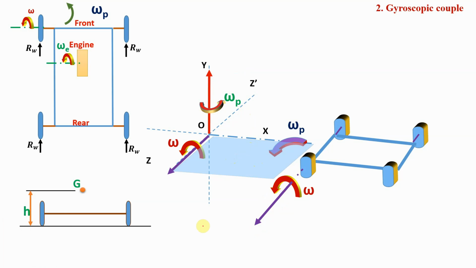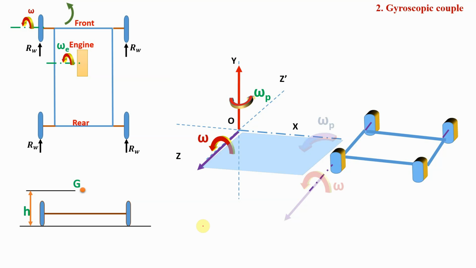Next we find out the active gyroscopic torque vector, which is obtained by rotating the spin vector OZ by 90 degrees in precession plane XOZ in the direction of precession velocity omega p. So if we rotate the vector OZ, spin vector, by 90 degrees in the direction of omega p in precession plane XOZ, we get the active gyroscopic torque vector along OX.